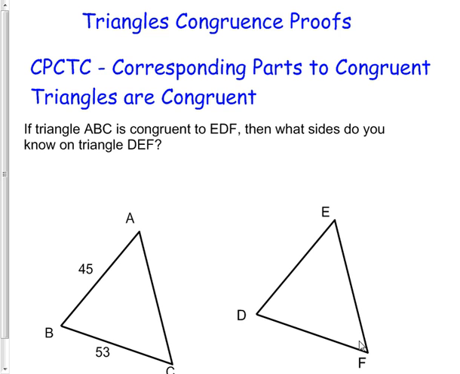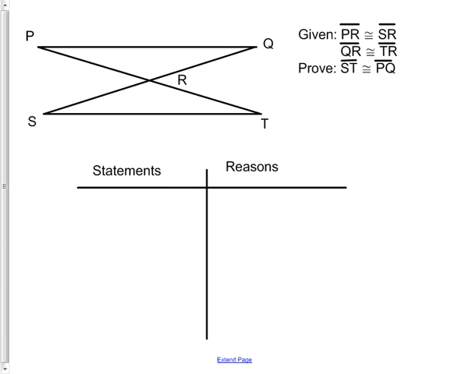Okay, so let's get into a couple of proofs here. So I have a picture here, some given stuff, and then it asks you to prove this stuff. So here's what's given. It says given PR is congruent to SR. So what I like to do is mark them.